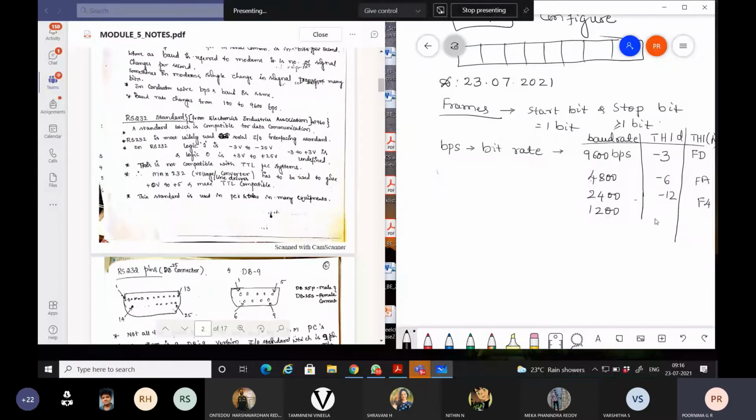For 1200 bits per second, it is -24, which is equivalent to E8. So these are the values to be loaded whenever serial communication is used with the 8051 for different baud rates.